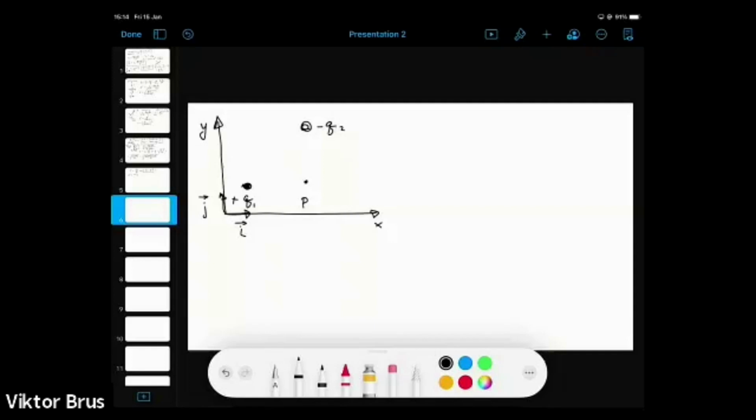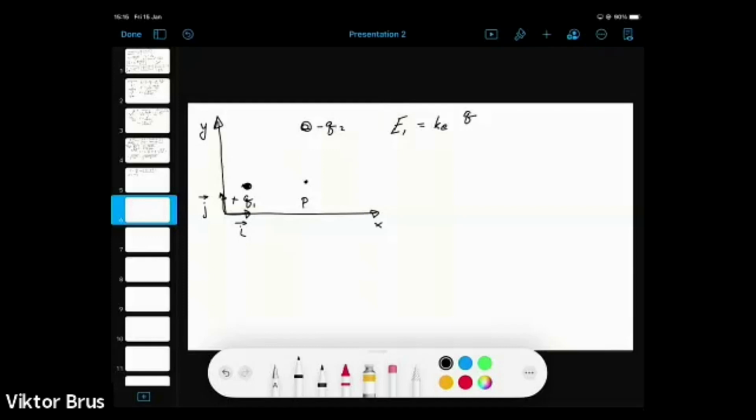So let us try to do this for the example of this simple system of two electric charges. So let us start with charge 1. And we know, from the previous slide, that the electric field vector, let's call it E1, will be equal to the Coulomb constant. Maybe let's go without vector here.